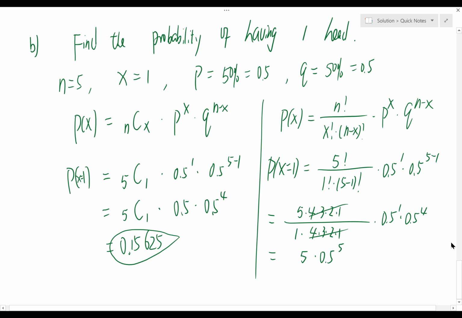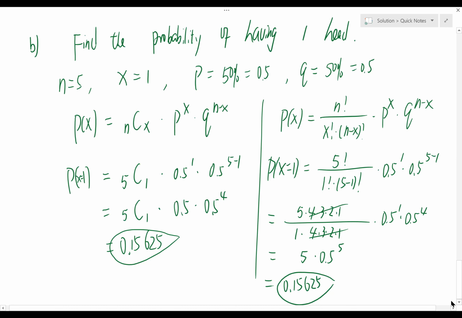Okay, so you can just multiply this in the calculator and get a result. The result should be the same, right? 0.15625. So definitely it's doable by hand. But if you feel like you want to use Excel to do the calculation, you can also do that.